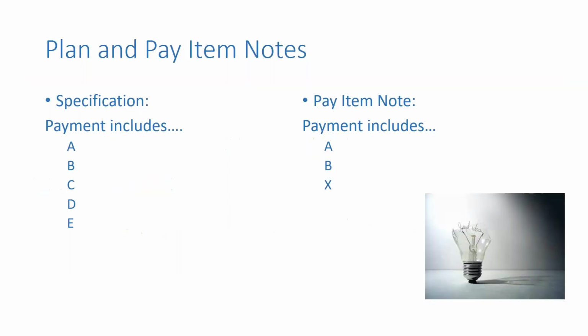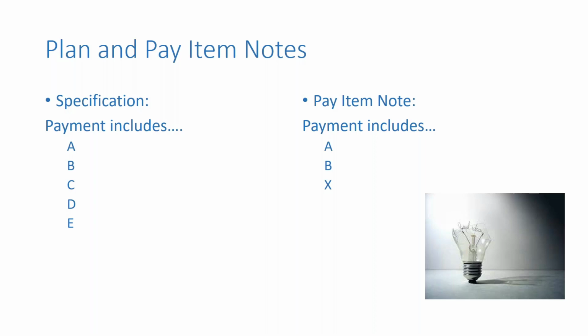Why would this note not be a good idea? Well, if the specification indicates that payment includes A, B, C, D, and E items, but the pay item note includes only A, B, and X, we have introduced a conflict.